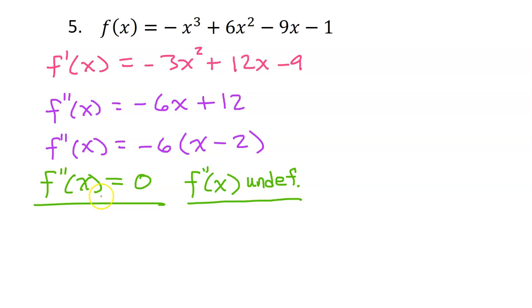So next we need to determine the numbers for which f double prime is equal to 0 and the numbers that will cause f double prime to be undefined. However, f double prime is a polynomial and there are no x values that will cause it to be undefined. So we can just focus on where it will equal 0. And you can just visually see that if we were to set this equal to 0, we would get x equals 2. So this is our only special number.